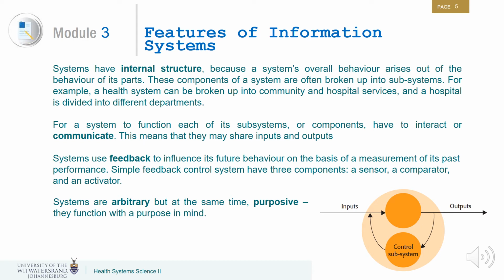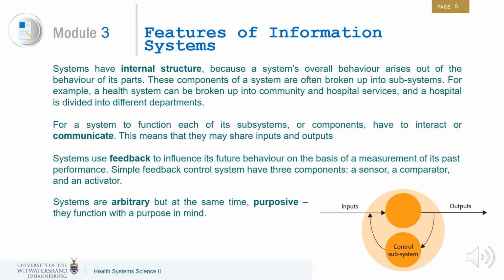So for a system to function, each of its subsystems or components have to interact and they need to communicate. Let's think about this in terms of referral between primary levels of care, secondary levels of care, tertiary levels of care. So how do we move people from a community health center to a hospital? We need to be able to communicate what has happened within one subsystem to another subsystem.